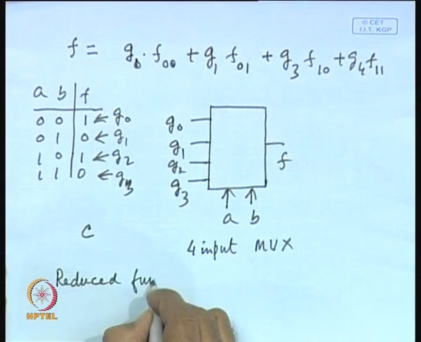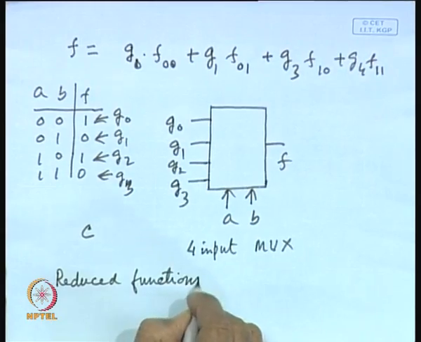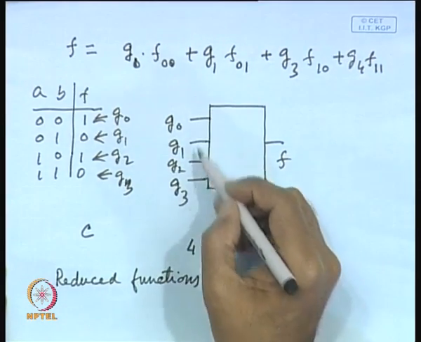These reduced functions will be either constant, that means 0 or 1, or a function of the third variable c, that means either c or c dash. So, you can apply 0, 1, c and c dash, and you can realize any function.